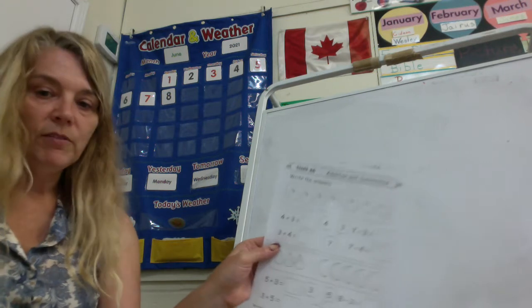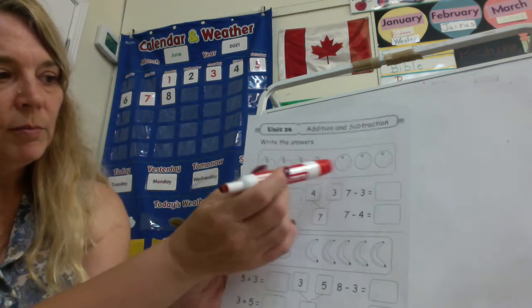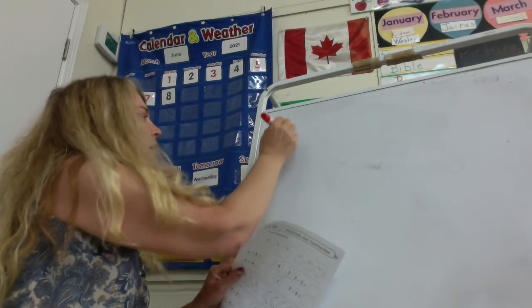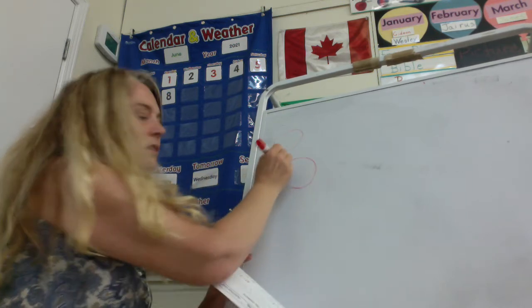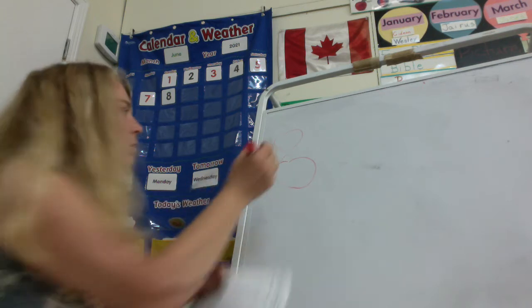So we have some fruit on this side of your page. At the top, you'll see 4 apples and 3 oranges. 4 apples. They're not working very well. Maybe this marker's getting old.